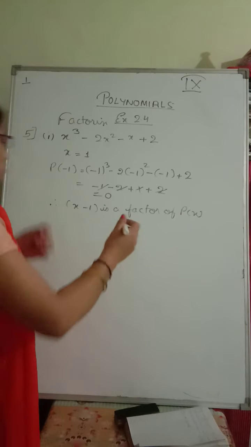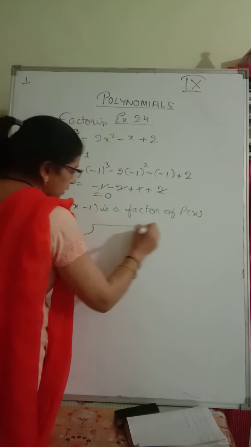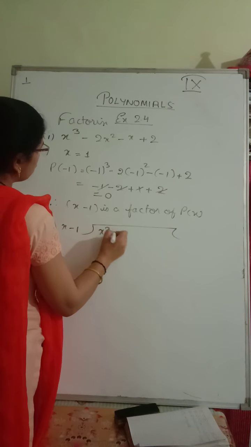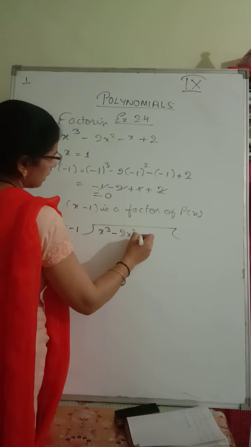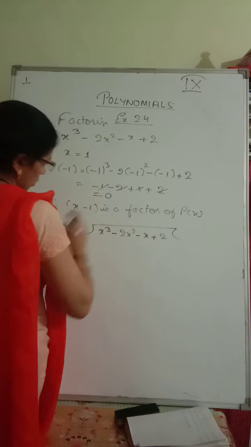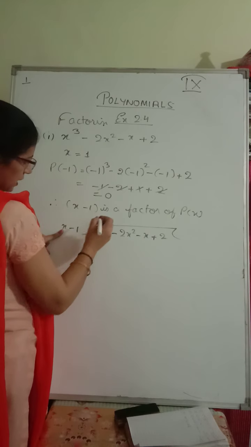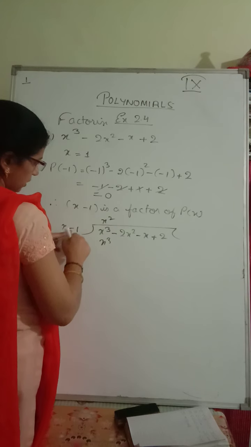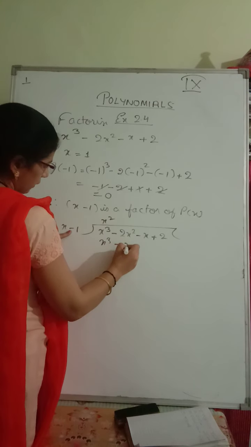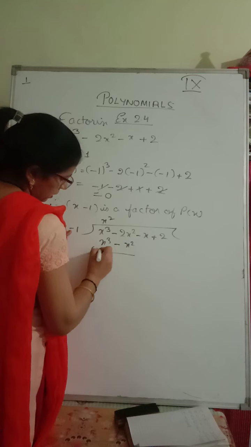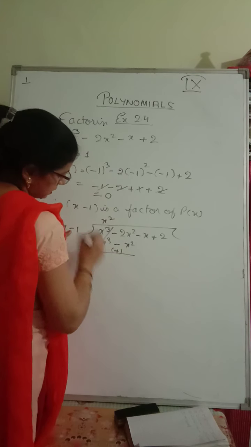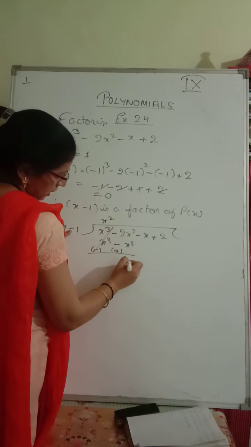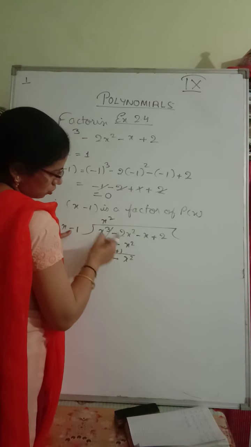So let us divide x cube minus 2x square minus x plus 2 by x minus 1. We want x cube, here is x, so we multiply by x square. So x cube minus x square. Subtracting, x cube cancels out, and we get minus x square.